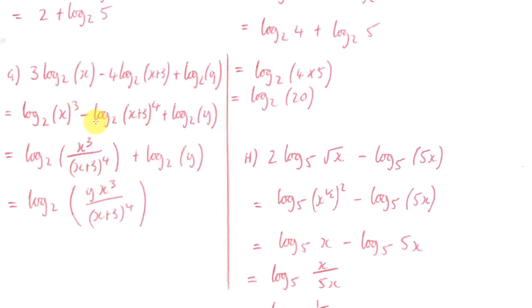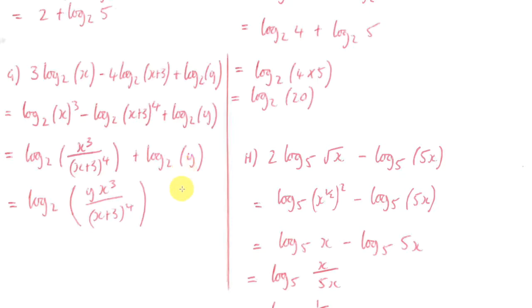I've got a subtraction to begin with, and these both involve x's, and it's log base 2, so I can rewrite that as being log base 2 of x cubed divided by x plus 3 to the power of 4. That's the second part. Now I'm still adding log base 2 of y, so that's just come down.